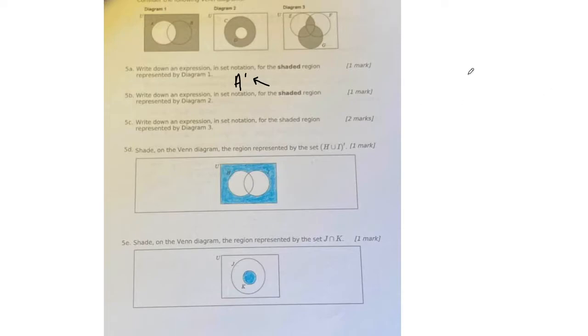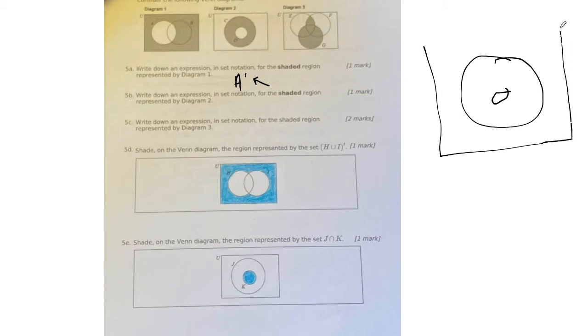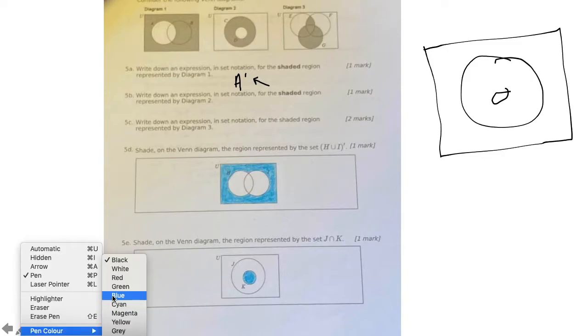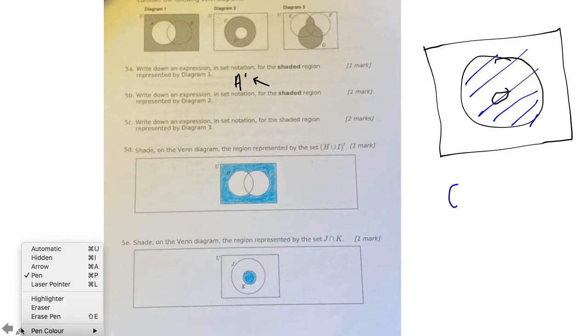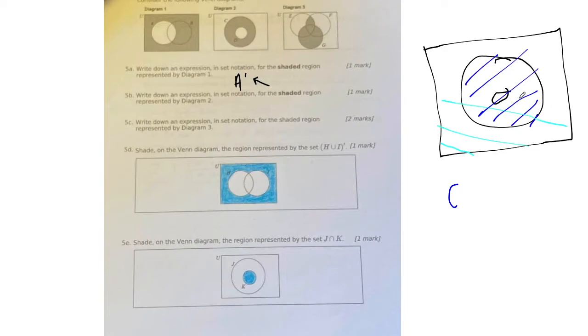Now, diagram 2 is a little bit more complex. I'm going to draw it here bigger and I'm going to explain it in 2 steps. The first thing I'm going to consider is everything which is C. So I'm going to shade in everything which is C. And then I'm going to shade in everything which isn't D. Now I had to think about this question for a few moments to get the answer, but you can see that the intersection of everything that is C and everything that isn't D gives you the bit that's shaded in.